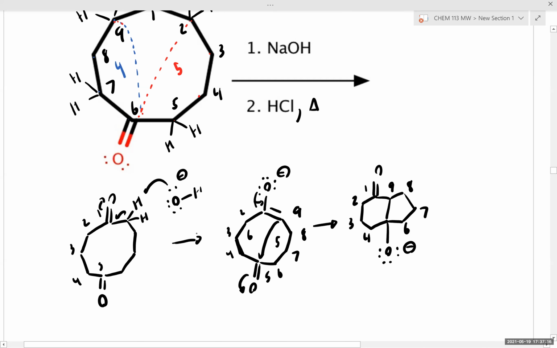Does everyone see how we can label our carbon atoms to draw out the ring system that we formed? This method of making a guide for what bond we're forming and then figuring out what ring system we're making is very helpful for properly drawing the product from these intramolecular reactions.